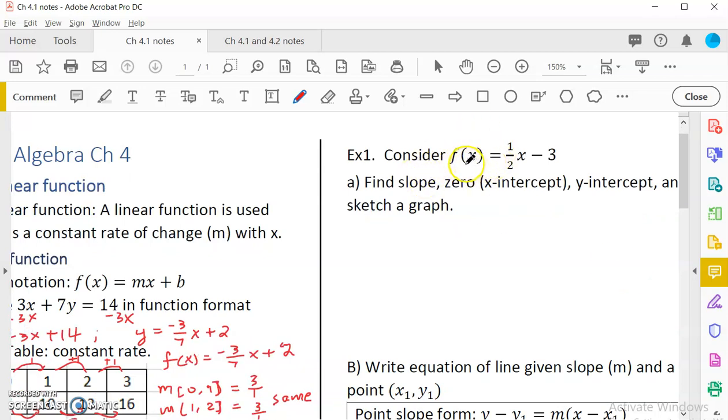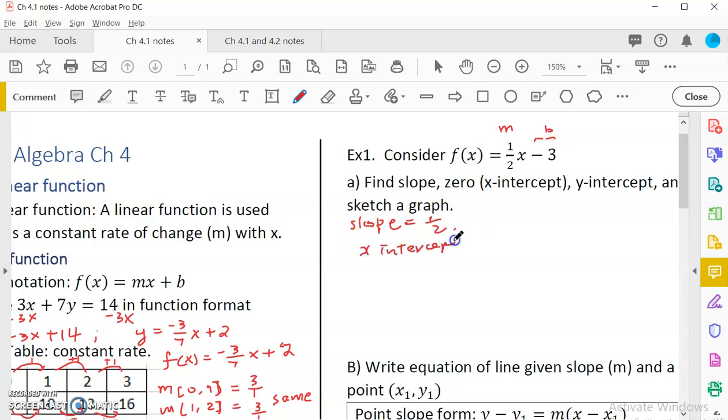Say I have a linear function f of x equal to 1/2 x minus 3. If it is written this way, this is m, and this minus 3 is b, right? So find the slope. The slope is m, so that is 1/2. Then I need to find the x-intercept.